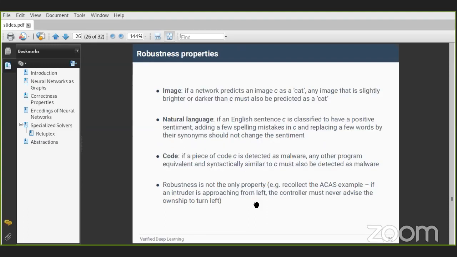Since you're making a point about what kind of properties there could be, of course there could be several kinds of properties of interest that we want to verify.